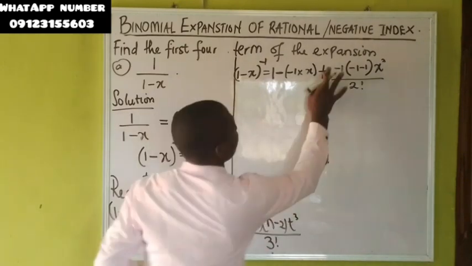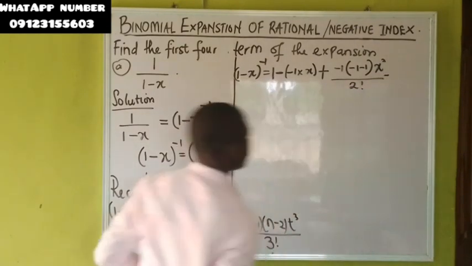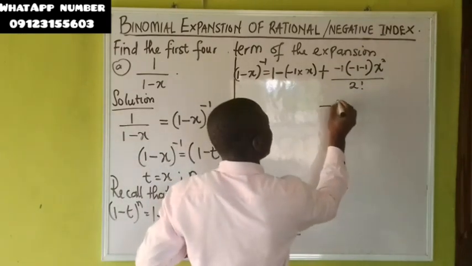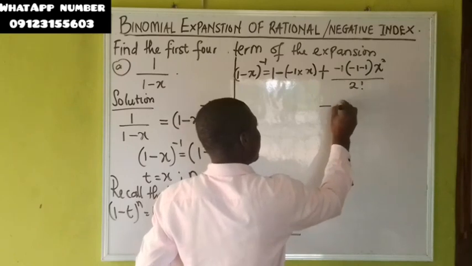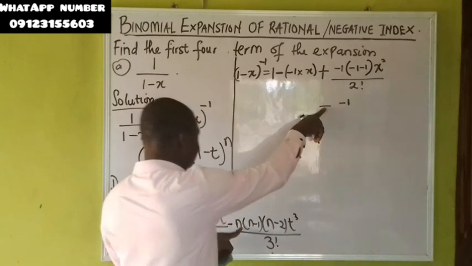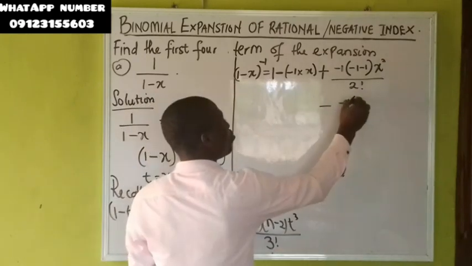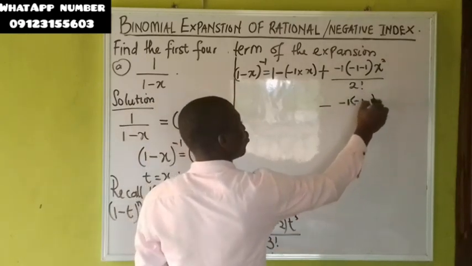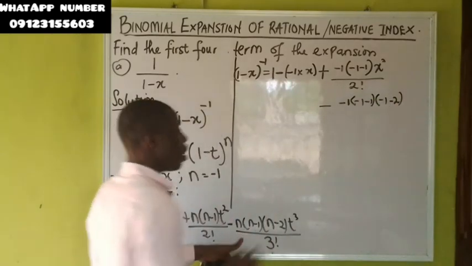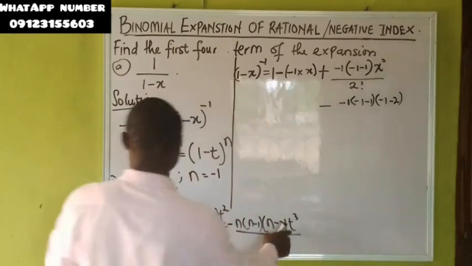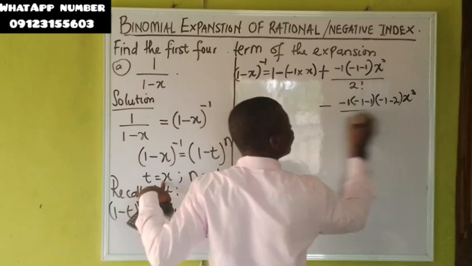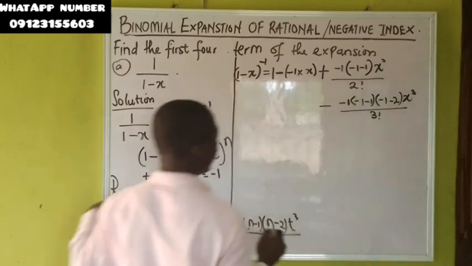So minus, n is minus 1, into minus 1 minus 1, into minus 1 minus 2. T is x, that becomes x to the power of 3 over 3 factorial.